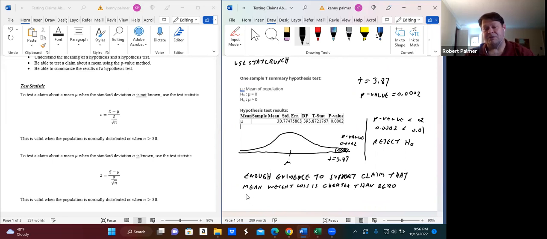Then I usually like to say something about the significance level, say at the 0.01 significance level.